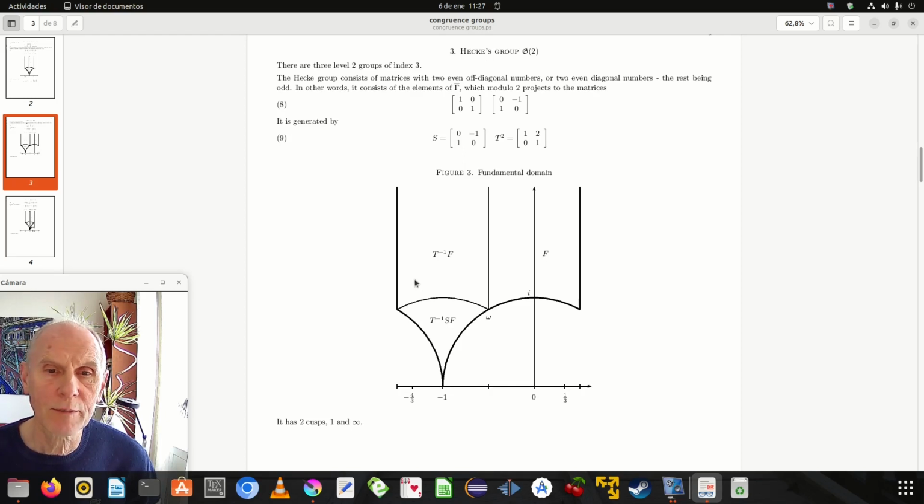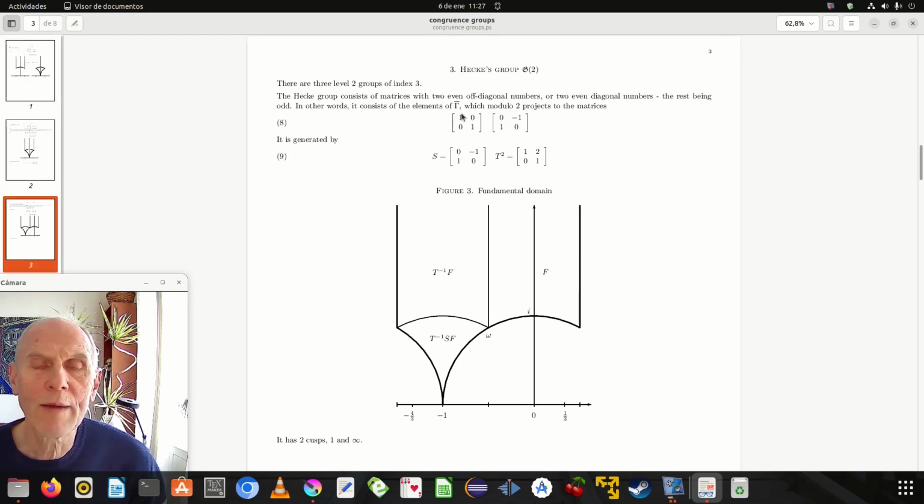So that's a fundamental domain. And it has two cusps at 1 and infinity. I've drawn it like -1, but we can just move this 2 to the right, then we get the cusp at 1. If you map it modulo 2, then it gives either the unit matrix or S modulo 2.